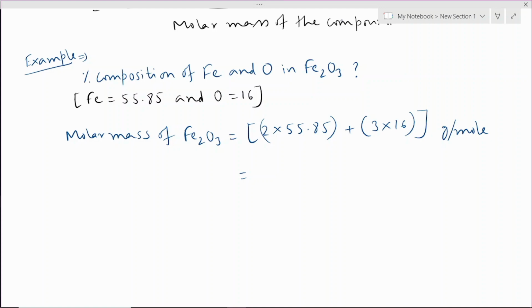If we calculate that, it would be 159.7 gram per mole.